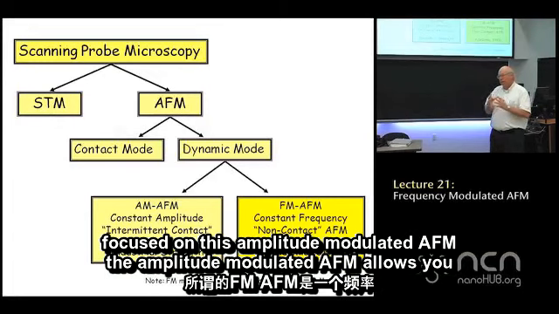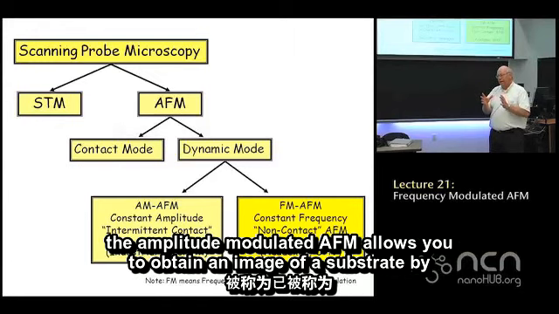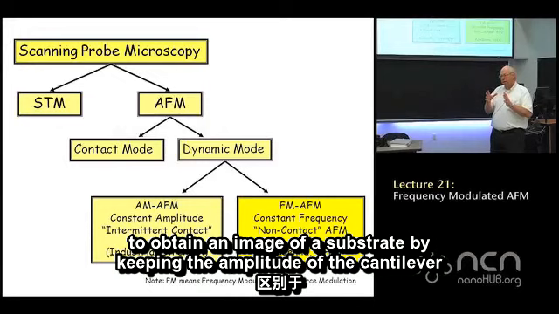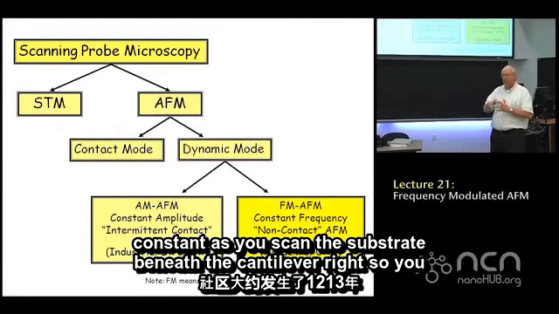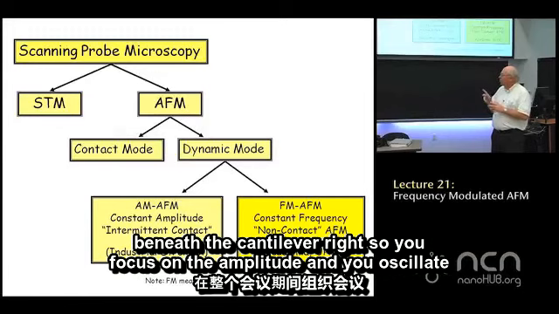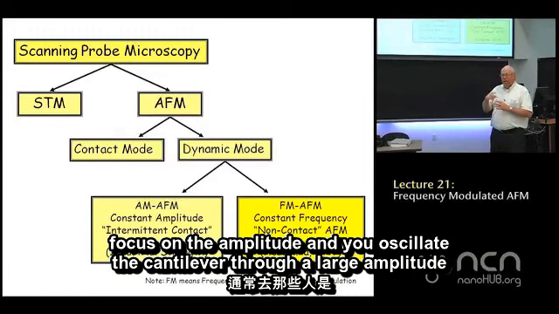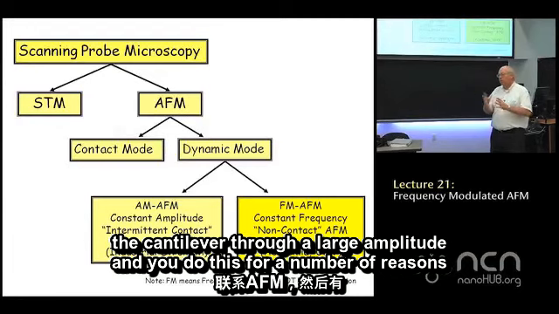The amplitude modulated AFM allows you to obtain an image of a substrate by keeping the amplitude of the cantilever constant as you scan the substrate beneath the cantilever, right? So you focus on the amplitude and you oscillate the cantilever through a large amplitude, and you do this for a number of reasons, right?